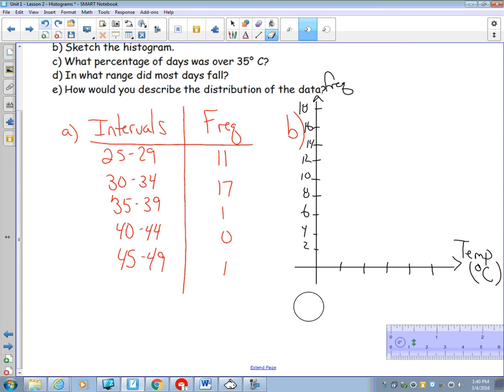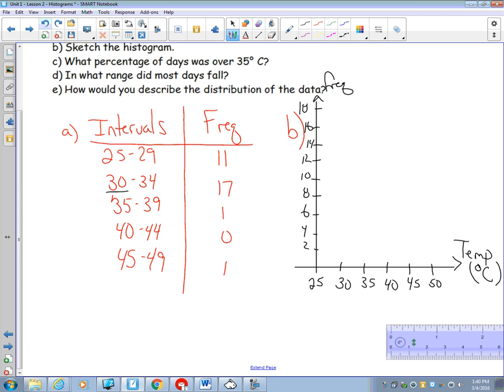What are my intervals going to be? The nice thing about histograms is my lowest bar is the lowest number from our interval. For the next bar, 29 and 30, it's where they meet. So we usually use the second value from your interval, and so on. So 35 and 40 and 45 and 50.